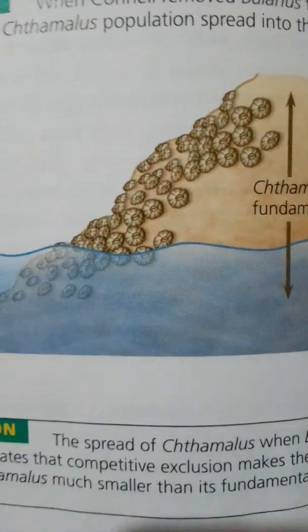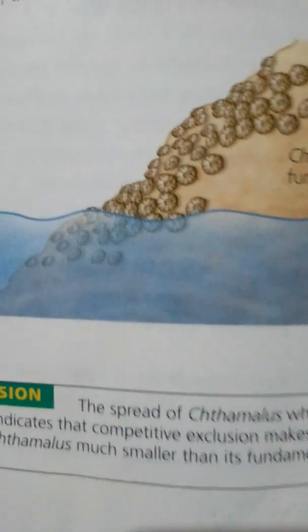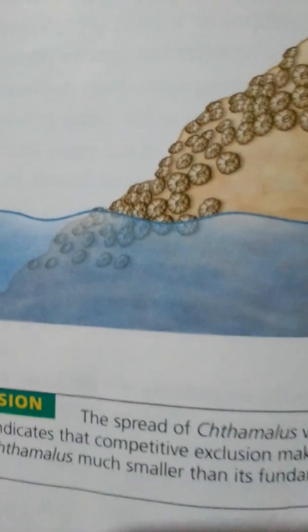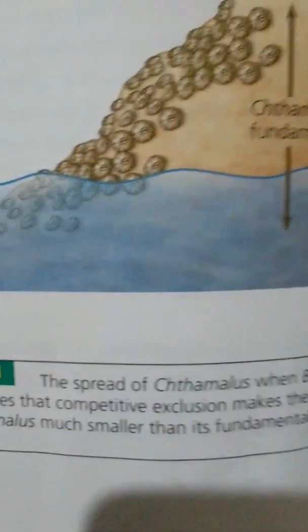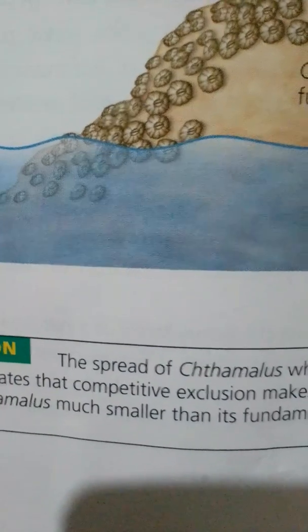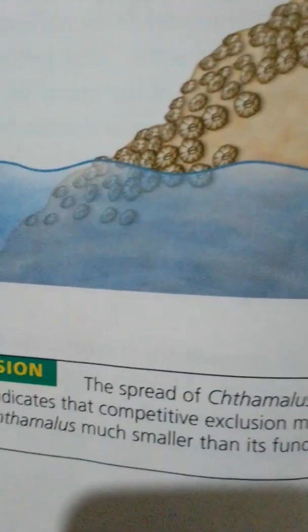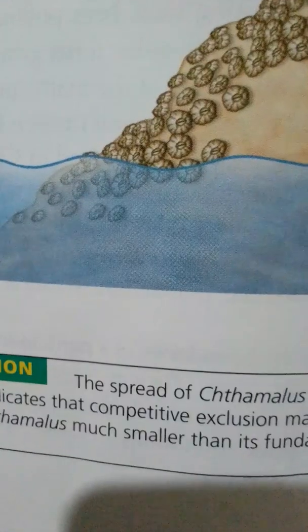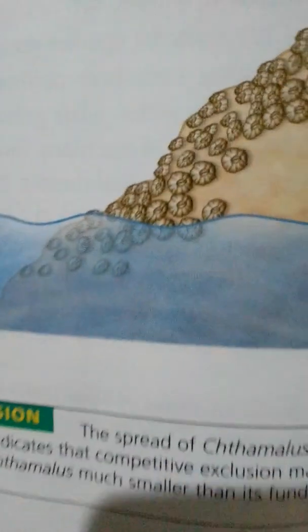Ecological niches. The sum total of a species' use of the biotic and abiotic resources in its environment is called the species' ecological niche. One way to grasp the concept is through an analogy made by ecologist Eugene Odum: an organism's habitat is its address, and the niche is the organism's profession.